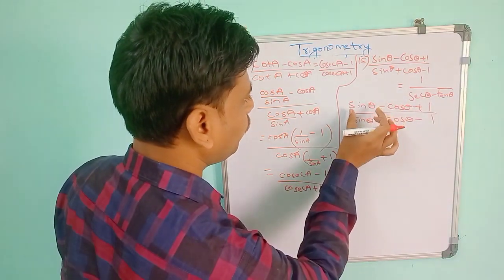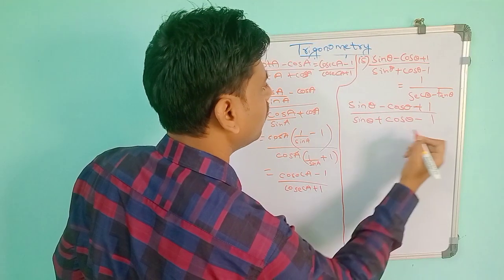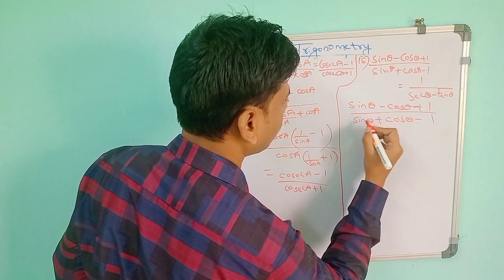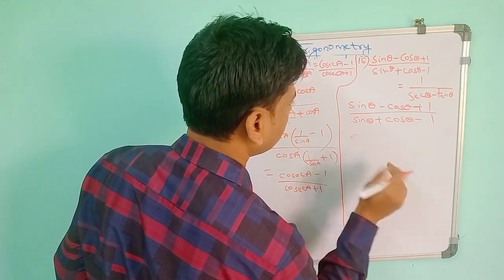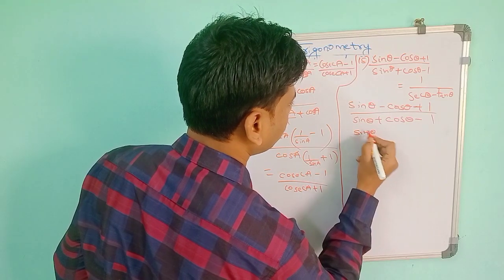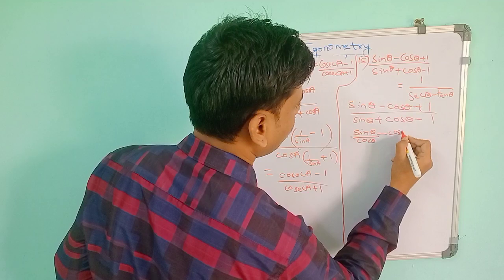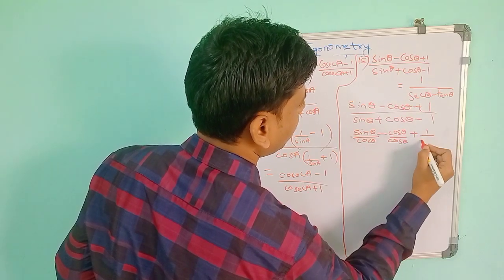If you divide by cos theta, we will get tan. So divide all terms by cos theta. Sin theta by cos theta is tan theta, minus cos theta by cos theta, plus 1 by cos theta.